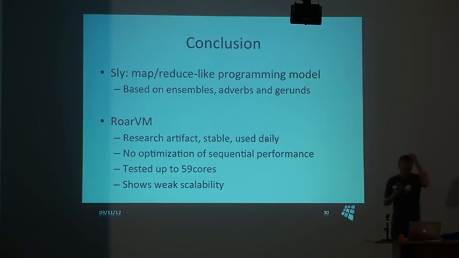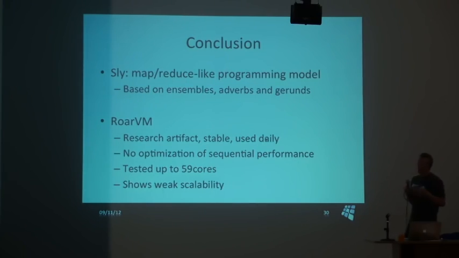Okay, to conclude the talk, Sly is a MapReduce-like language that gives you gerunds and adverbs to define the semantics of your operators, and you work on collections, on so-called ensembles. So instead of taking a single object as the thing you operate with most, you think about ensembles, in terms of collections of objects.